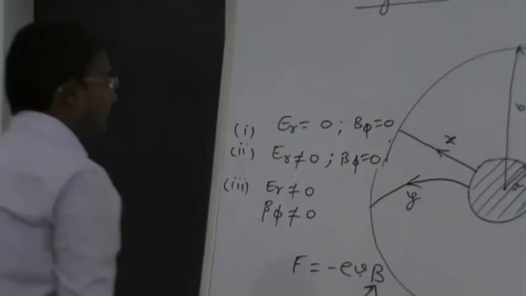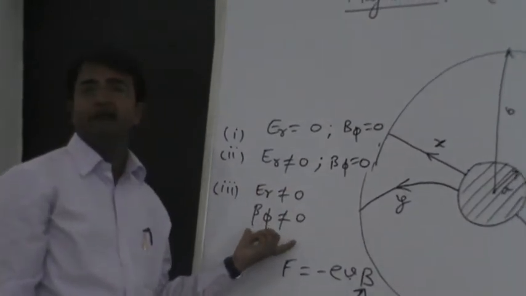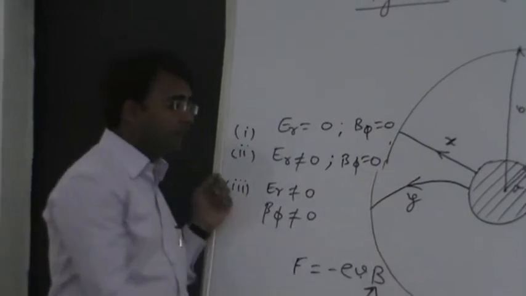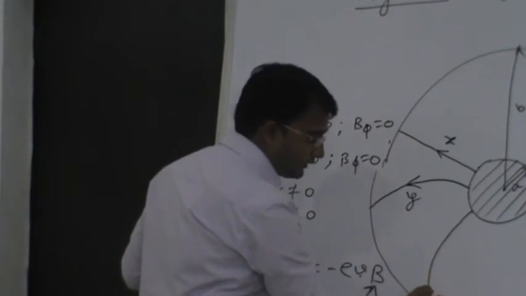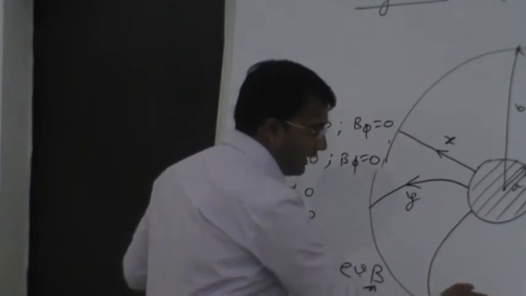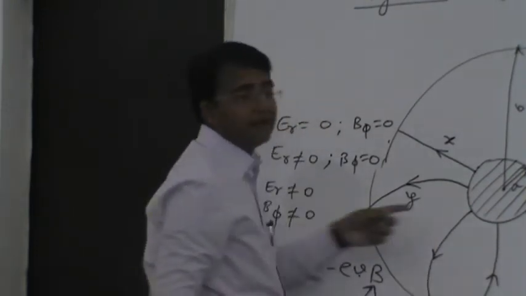Can we see that the same radial electric field is applied, but the magnetic field is of a certain value which causes the electron to just graze the structure and return back to the cathode? It is possible.